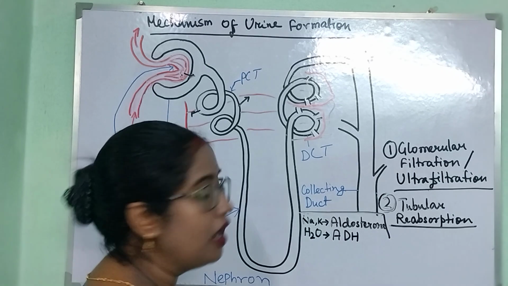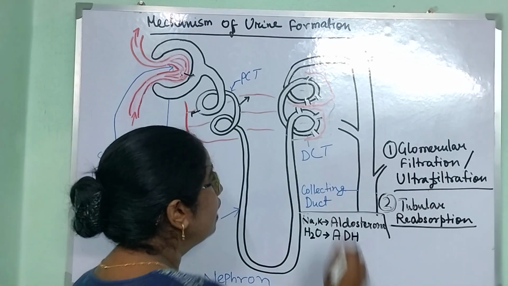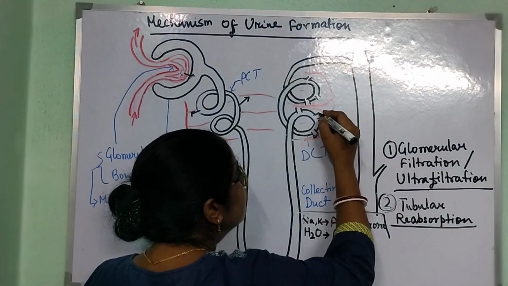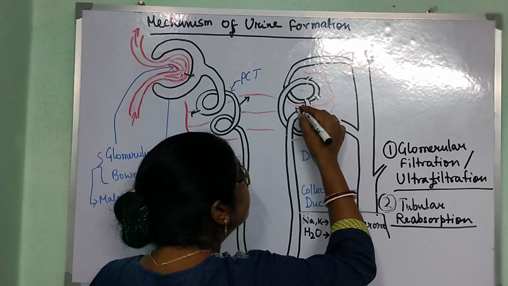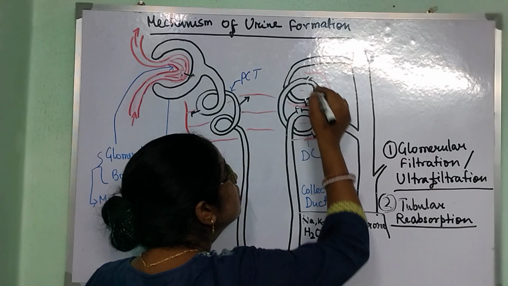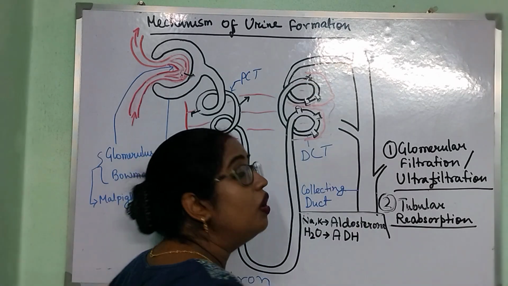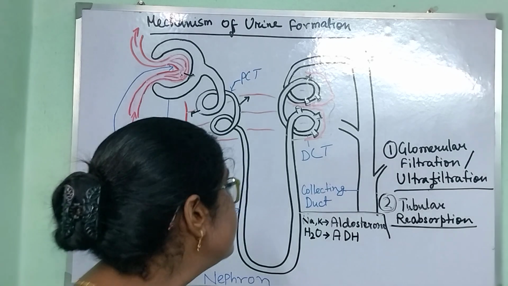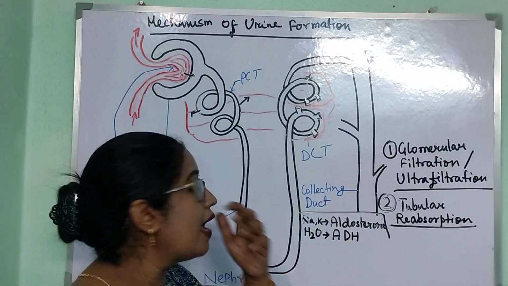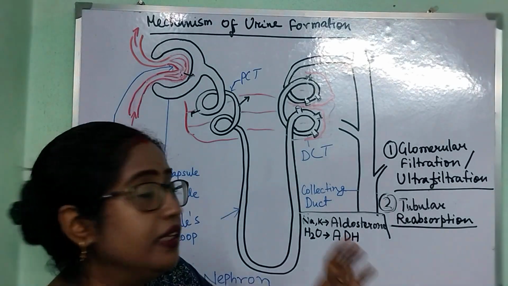The gates are generally closed or locked, and this ADH and aldosterone act like a key.